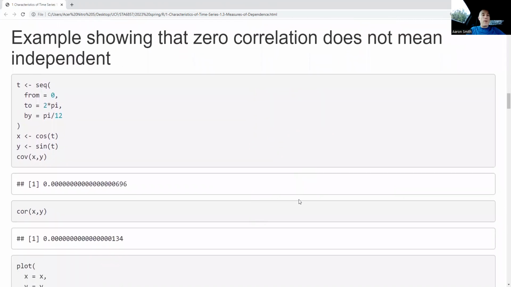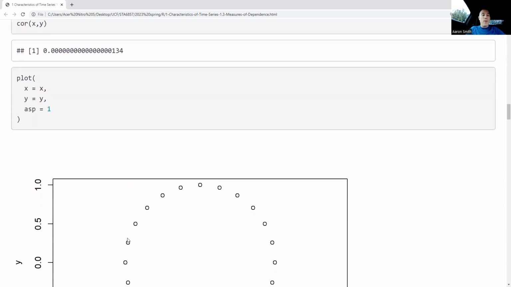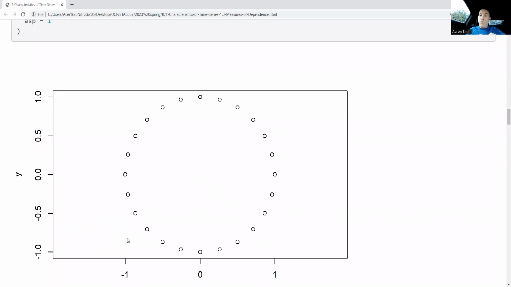All right, so let's go ahead and say that I have an X, I have a Y value, and from this X and this Y, if I take the covariance, you can see that within machine accuracy, that's equal to 0. And the correlation is equal to 0. All right, now let's look at the actual plot. We can see that the plot forms a perfect circle.